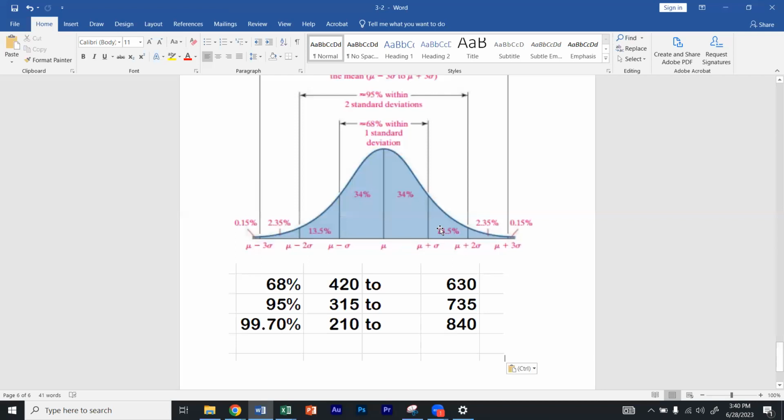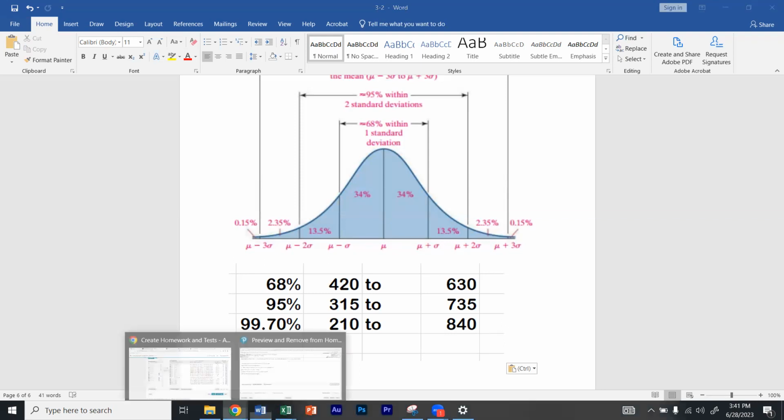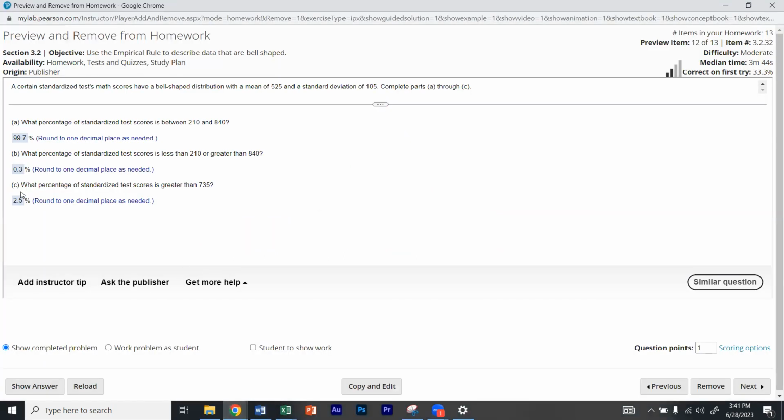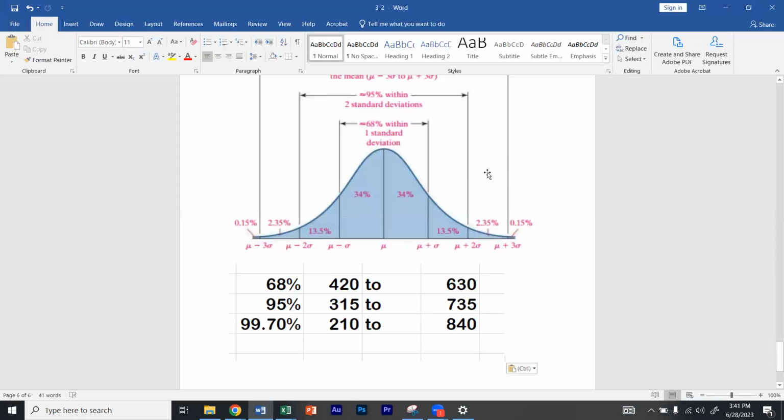If they clearly just said this part, it'll be 16%. Once again, if you're talking about this whole part, that is 95% of the data, 5% is here plus here, 2.5% is here. So let's see what they're really trying to ask. So the last one, what percent of the standardized data is greater than 735?